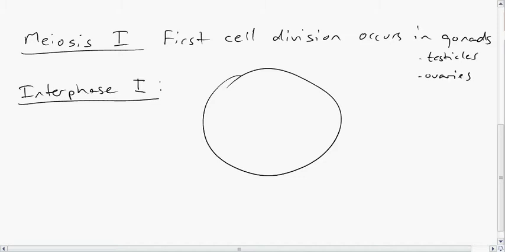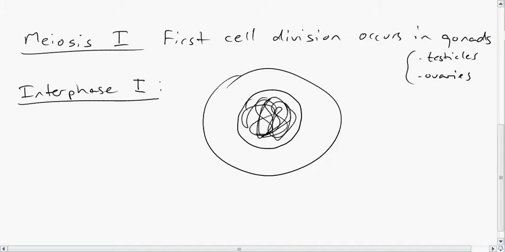In humans anyways, that's where it occurs. So you're going to have your cell, and you're going to have your nucleus in your cell, and you're going to have all of your DNA unraveled in the form of chromatin. And the DNA is going to replicate.